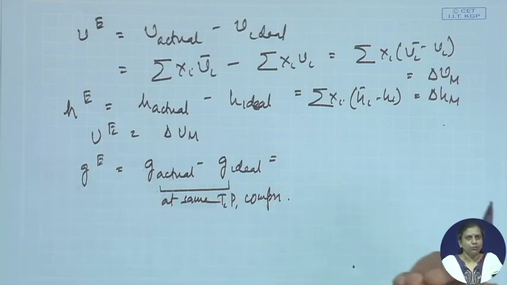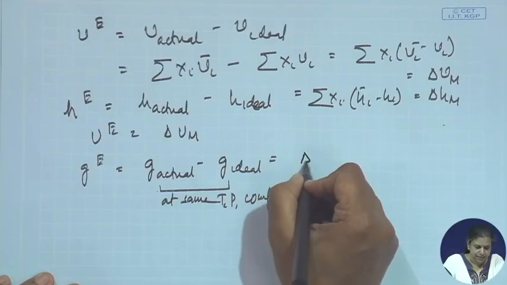So, we had two components A, B, we mixed them. Due to this mixture, there was a change in Gibbs free energy. What is this Gibbs free energy change for a real solution? What is this Gibbs free energy change for an ideal solution? The difference between the two should be a better measure of the excess property as compared to the Gibbs free energy of the actual solution minus the Gibbs free energy of the ideal solution. Why?